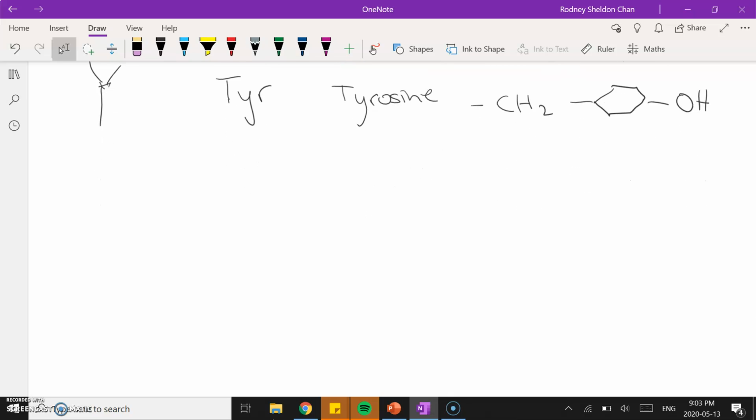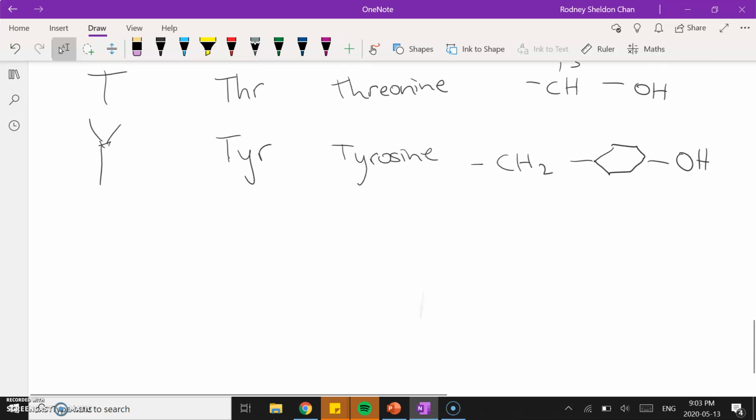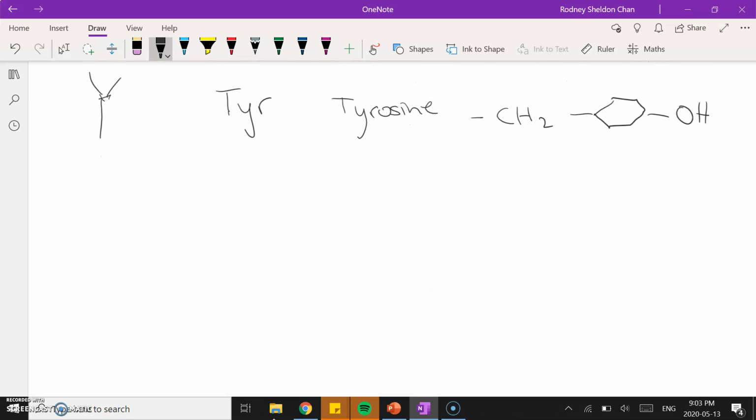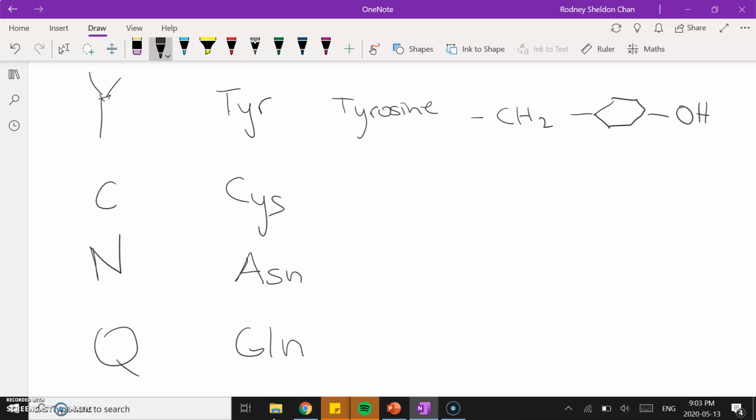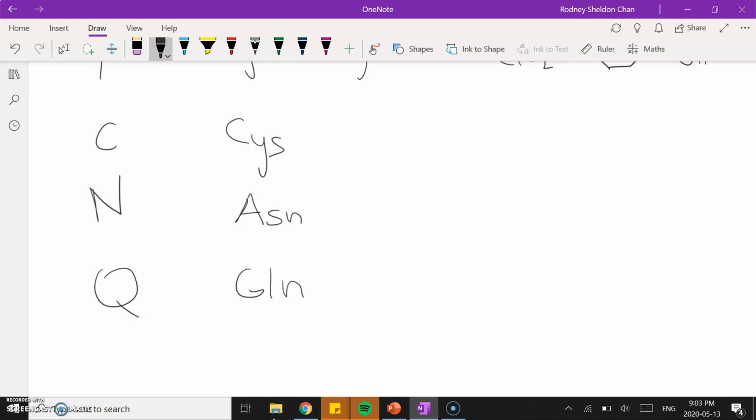And now we're on to our last 3, which are just the assorted ones that we have to deal with. CYS, ASN, GLN. See? Have you noticed something here? These 2 are asparagine and glutamine.